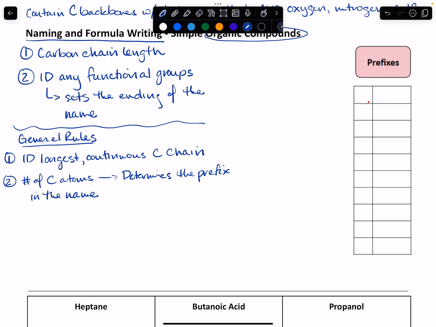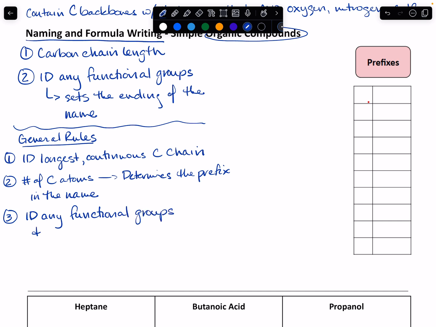So similar with our covalent molecules where we use prefixes to indicate the number of each atom type, organic naming does the same thing, but that prefix is specific to the number of carbons within the main chain. Okay, so once we've done that, then we need to ID any functional groups.